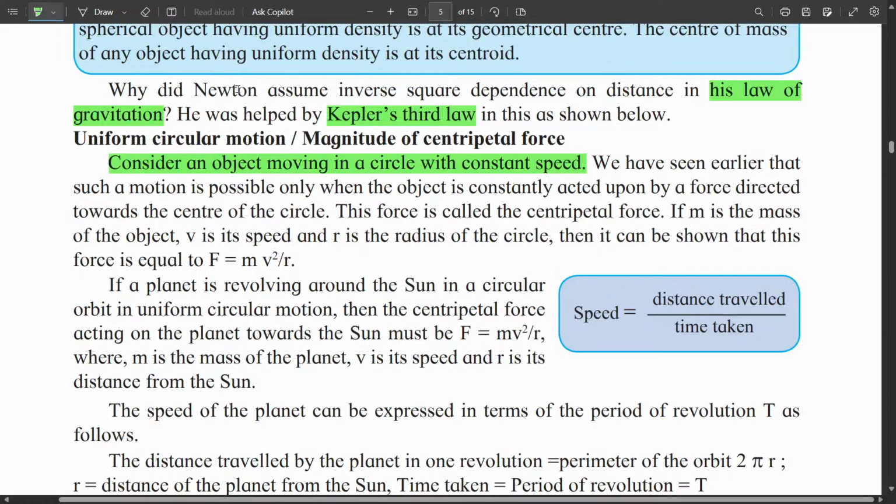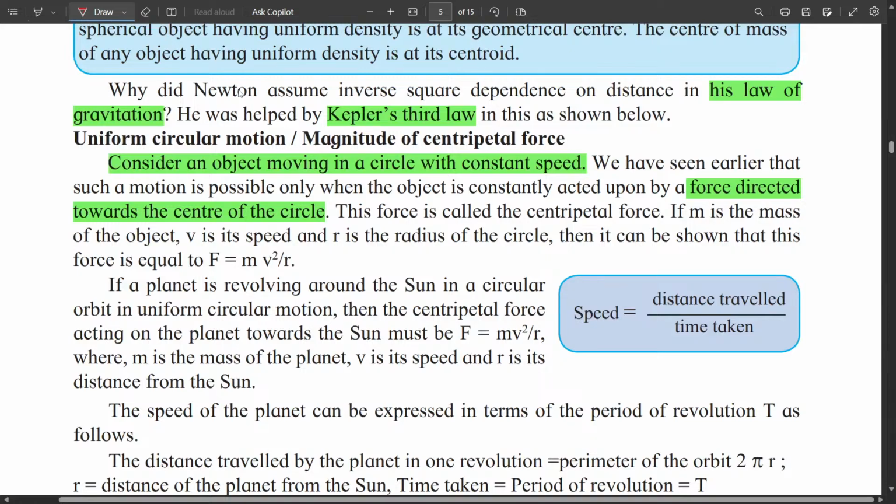We have seen earlier that such a motion is possible only when there is a centripetal force acting on the object. That means there must be a force directed towards the center of the circular path, which is continuously changing the direction of motion of that object.